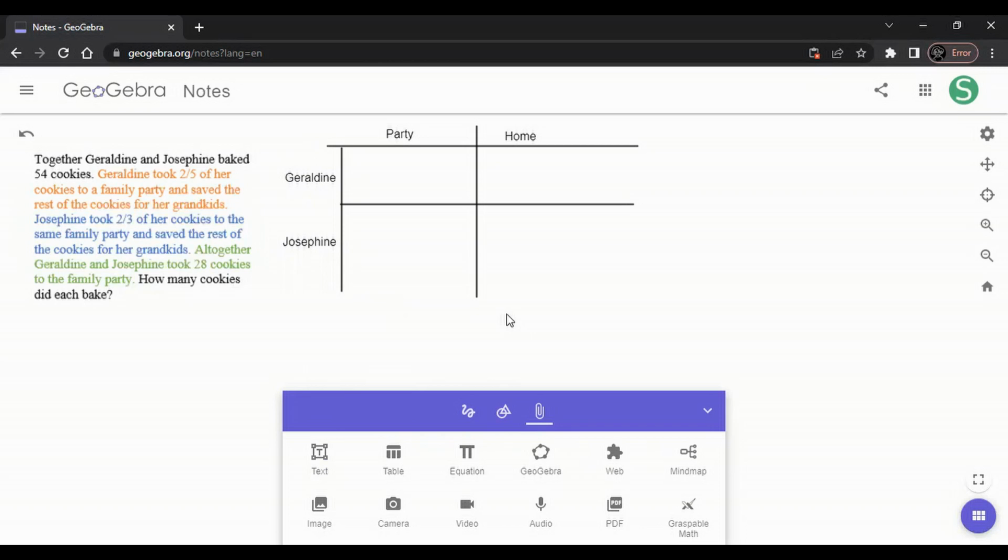The orange sentence states that Geraldine took 2/5 of her cookies to a family party and saved the rest of the cookies for her grandkids.